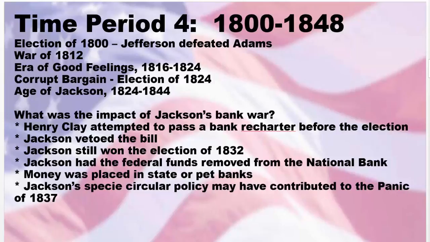The one who finally was willing to do it was Roger Taney, somebody that I will be teaching about later in the year. Jackson also had a very controversial policy called his Specie Circular that was requiring people to pay for things in gold and silver.